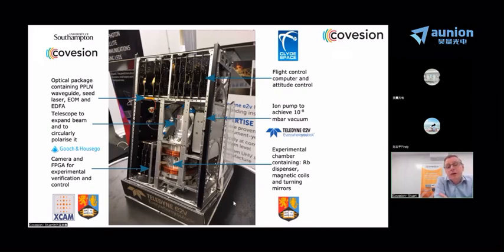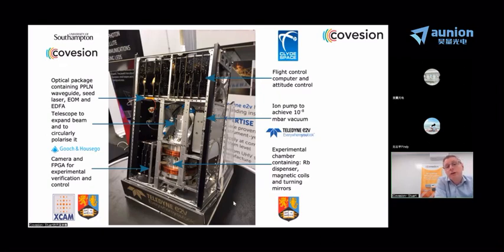In the case of Covesion, what we developed here was a periodically poled lithium niobate solution that would perform the second harmonic generation and was suitable for integration into the optical system that was delivering the 780 nanometer light. And then at the bottom in the middle there, you've got the experimental chamber itself. That contains the rubidium atoms held within the trap via the light and the magnetic field.